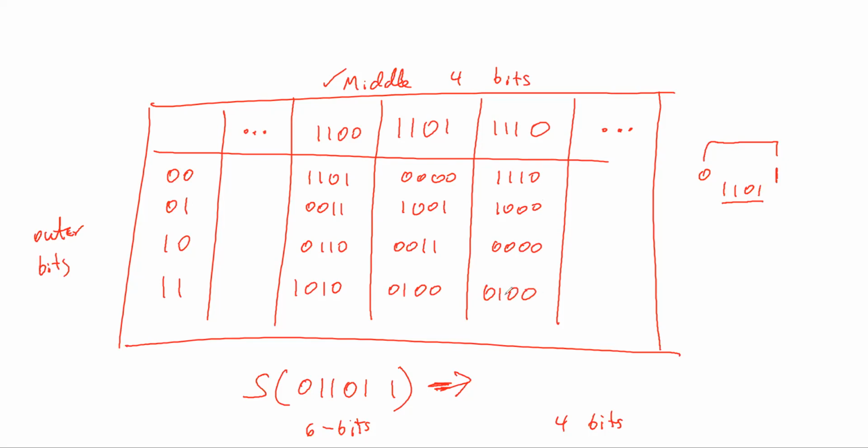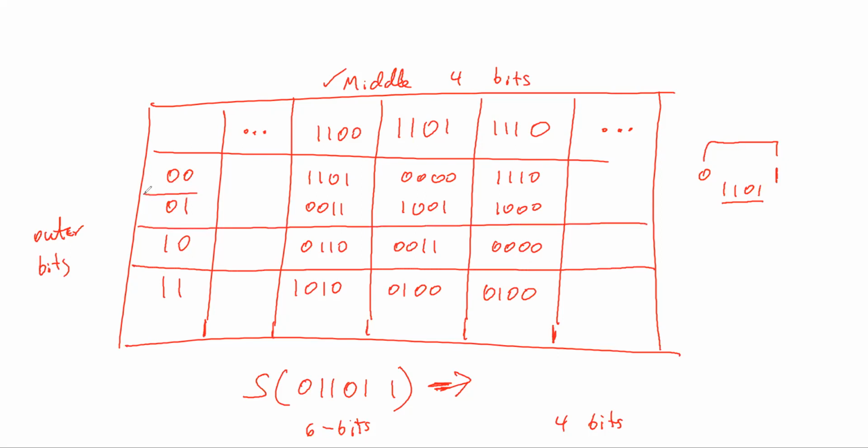All right, so that's the table, and now you just have to find the mapping. What would be the answer to this one? Which one would you select?